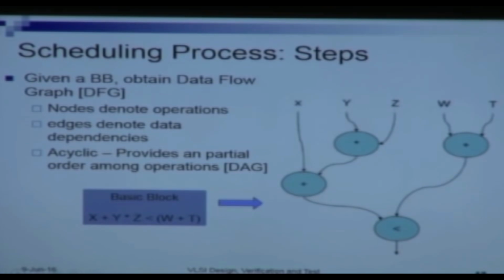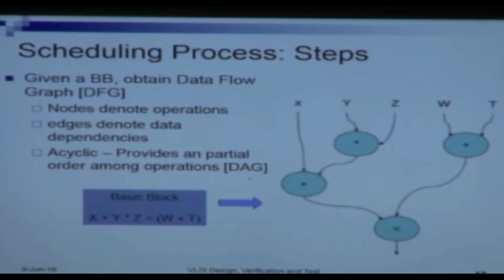And why is it acyclic? Because there are no loops inside it, only straight line control flow occurs, there are no conditions in it. So the data flow graph is a DAG, and hence we can have a partial order among its operations. Because it is acyclic, it provides a partial order among its operations.